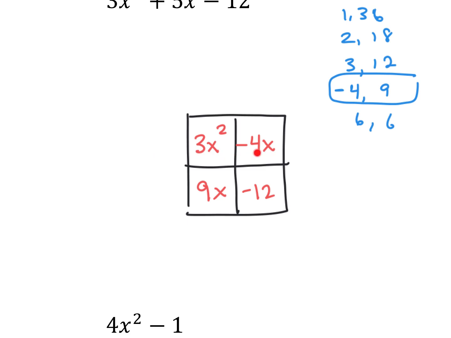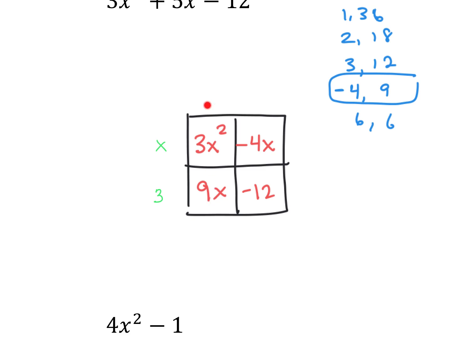So 3 and 4 don't have any common factors, but both of these have an x, so we're going to factor an x out. All right, now we have 9x minus 12. Leading term is positive, so I want a positive GCF. 9 and 12 have a common factor of 3. And then do both terms have an x? They do not.